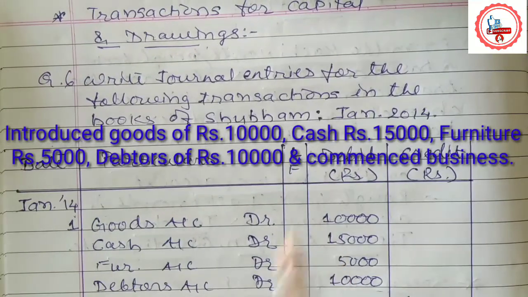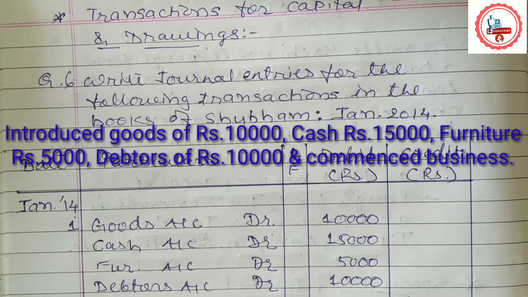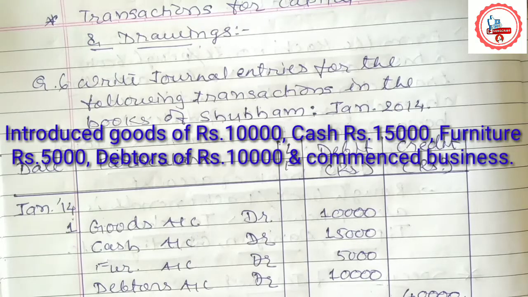Children, we saw that goods, cash, furniture, debtors, all these things the owner brought into the business to start the business. Goods means what? Real account. Cash means what? Real account. Furniture means what? Real account. The amount of debtors, that is Shubham's debtors, the personal receivable that has been brought into the business by Shubham himself. That's why this comes into your business.